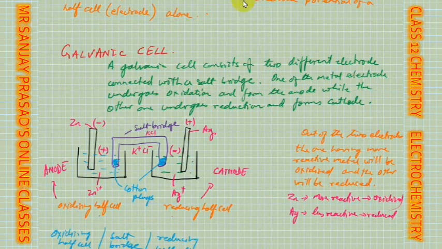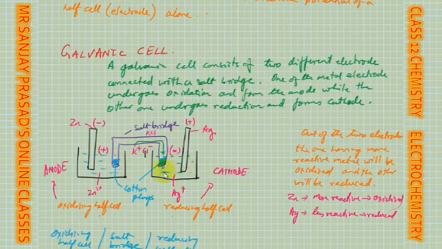So this is K plus and this end is negative. So this K plus starts moving in this direction. It will reach here, and there will be exchange of ions, and therefore the negative solution here is neutralized by K plus.